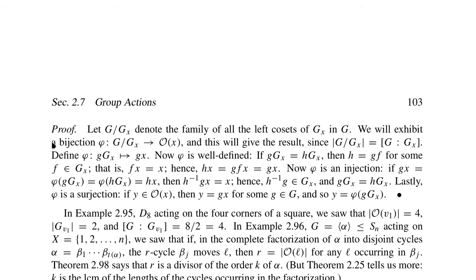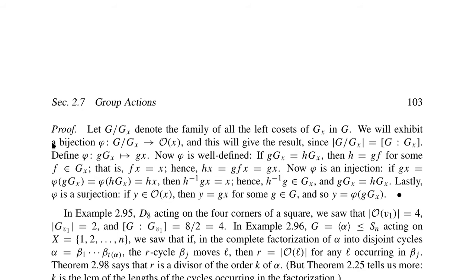The proof sounds simple enough. Just like before, we have G mod G_x, so G mod the stabilizer is the family of all the left cosets of the stabilizer.